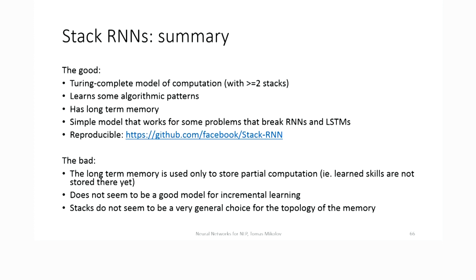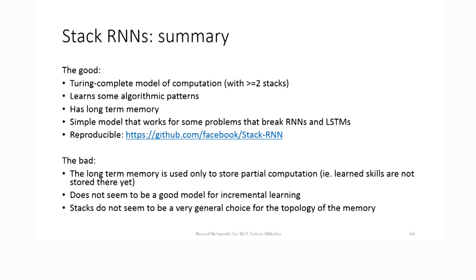Of course, the bad sides are that if you want to really represent the memory as a state of a stack, then if you want to store n names of people on the stack and you want to access them later, you would actually have to cycle through the whole stack, which would take n computational steps.